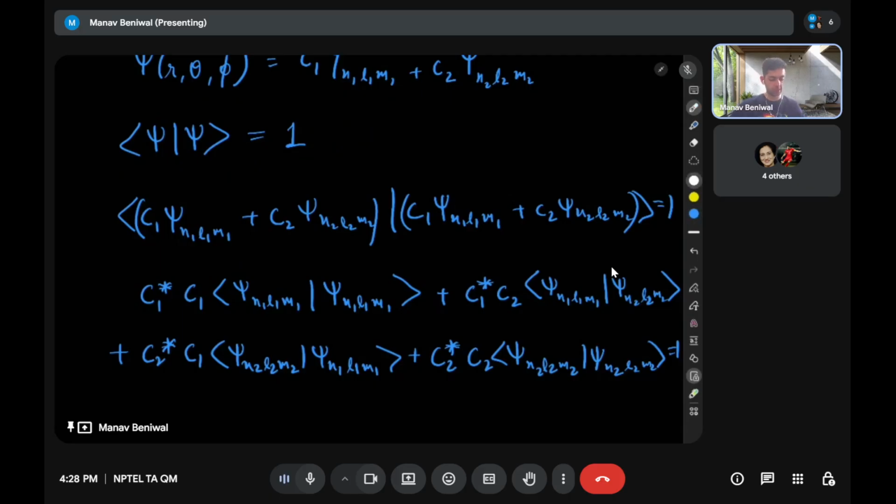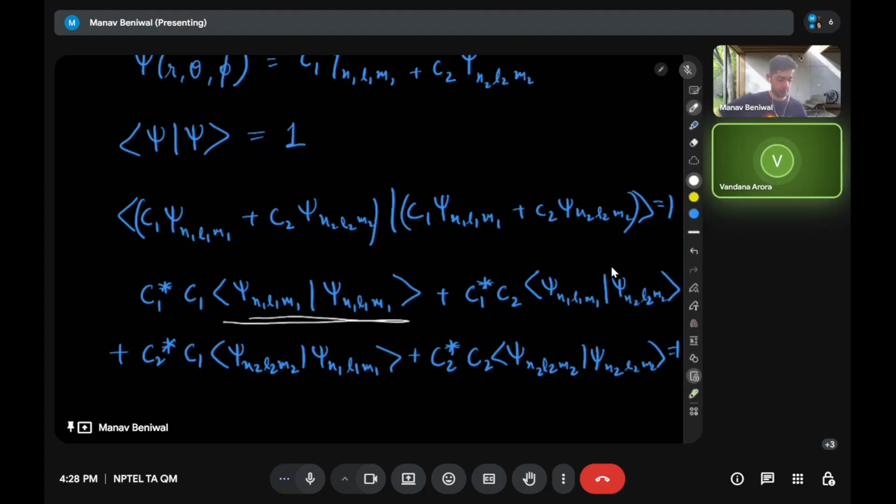Okay, so now we have these 4 terms. So what will happen to this term? Second and third terms will be 0 because they are orthogonal. Correct. This goes to 0, this goes to 0.